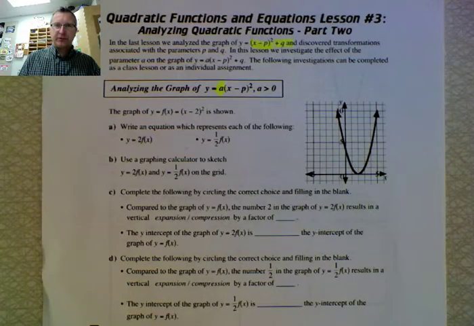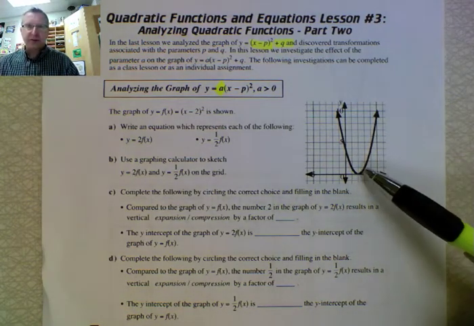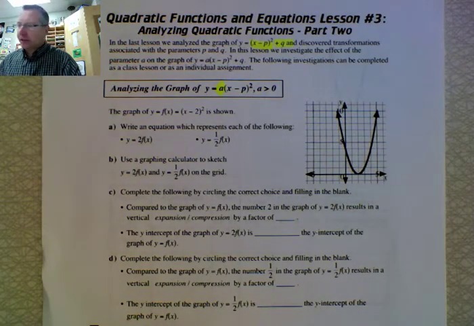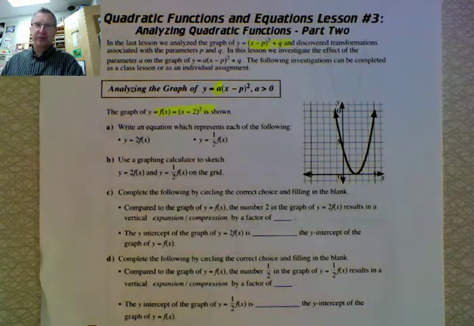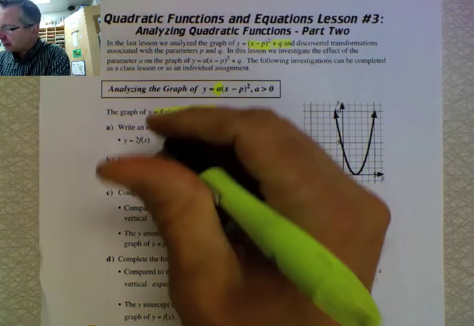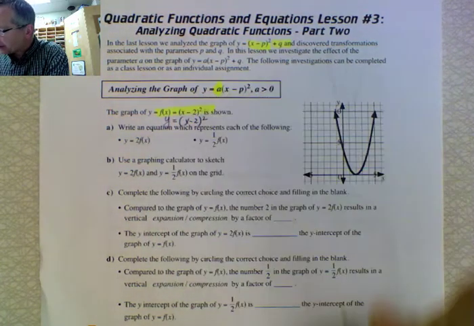So what we're going to do is we're going to start with this graph on the right hand side in your paper here. It's the graph of f of x equals (x minus 2) squared. Or if we write it as an equation, it's y equals (x minus 2) squared.